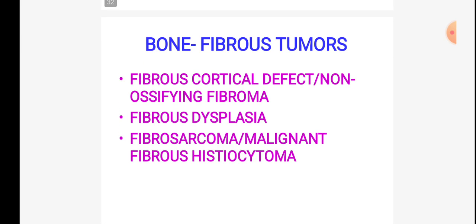So again, bone fibrous tumors. These are not so important for you to be asked in the exams: the fibrous dysplasia, the fibrosarcoma, malignant fibrous histiocytoma. MFH is commonly asked in soft tissue tumors rather than in the bone, but these are lesions that can also be seen in association with the bone: the fibrous cortical defect, the non-ossifying fibromas, the fibrous dysplasias.